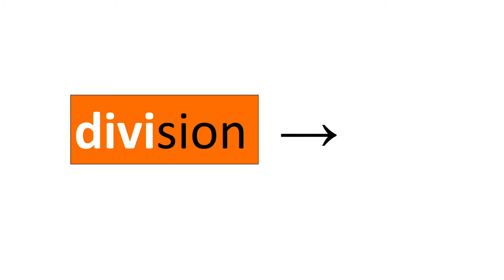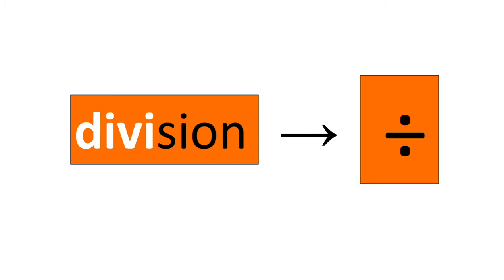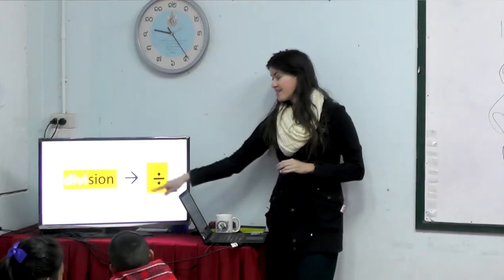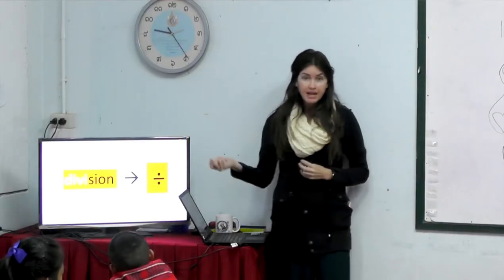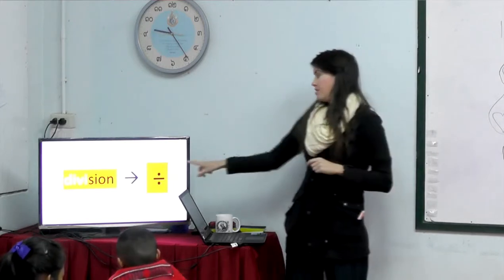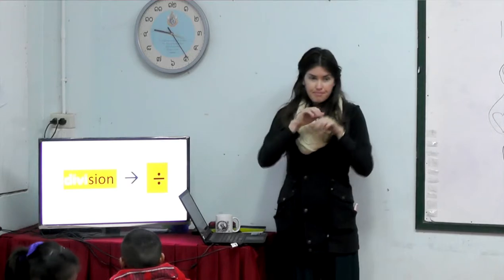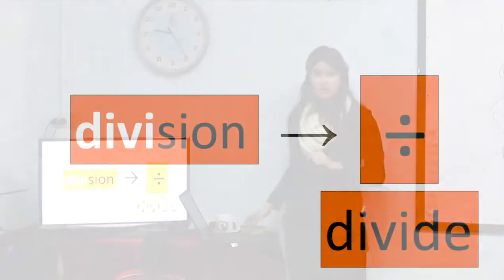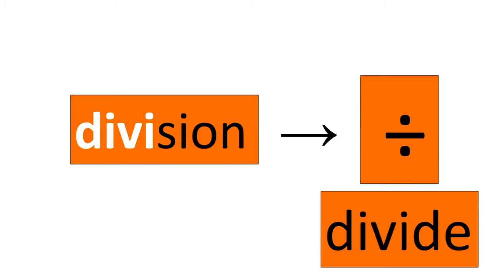Our division sign. So this is just a fast way that we can look at a math problem like what we did on our board, and we can see that we are going to divide or to share things. So we're going to have a big number, we're going to divide, and we're going to break that big number up into smaller groups. And each group is going to have the same number, just like we did with our hearts over here.